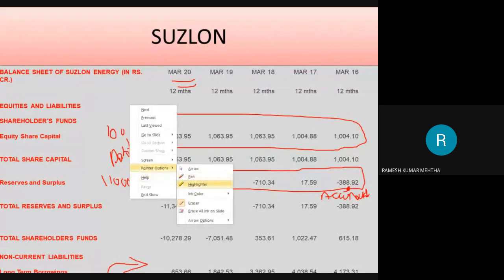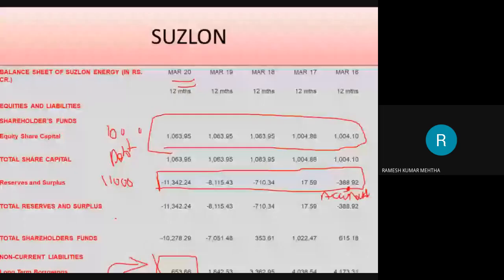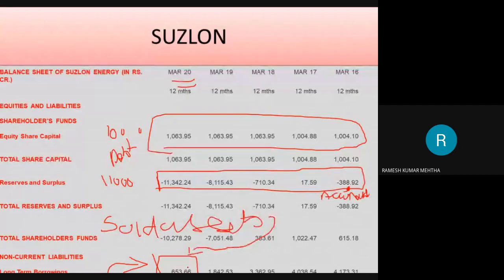So again, you can assume that the company has reduced its liability or loan, but probably they have sold some of their assets and then repaid the principal amount to the bank, and that's the reason why we see that the long-term borrowing has decreased.